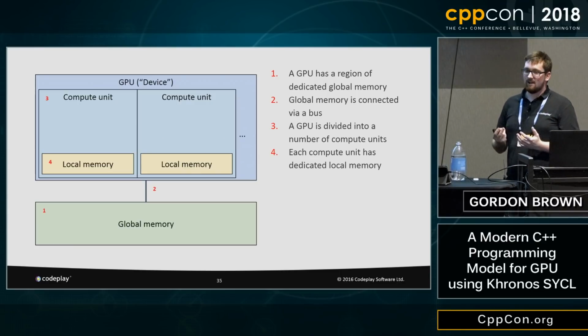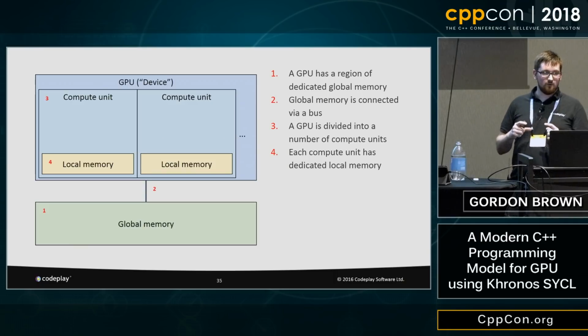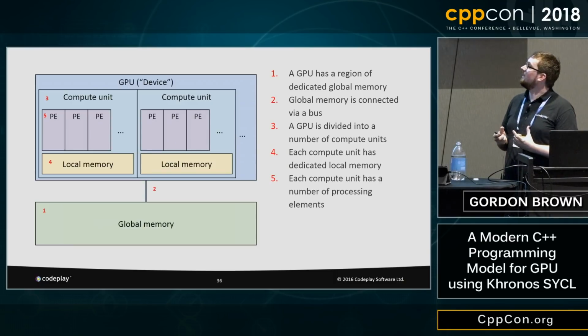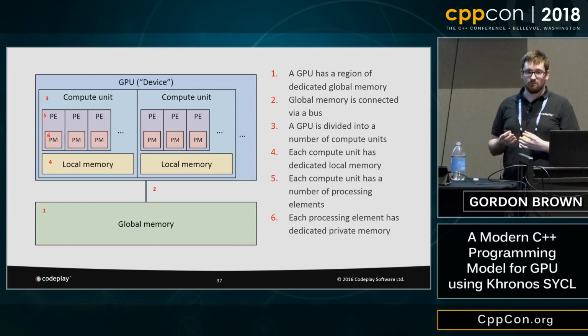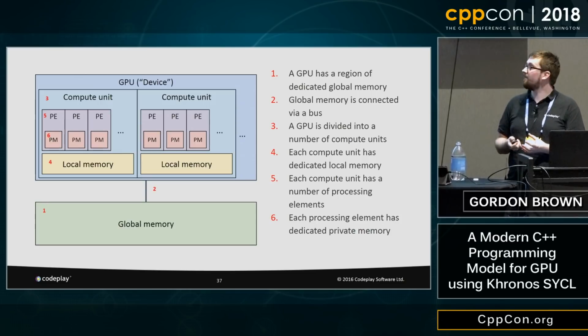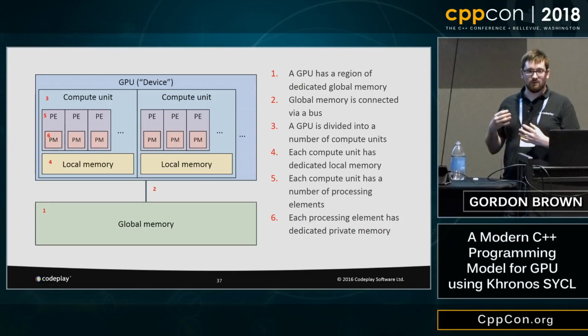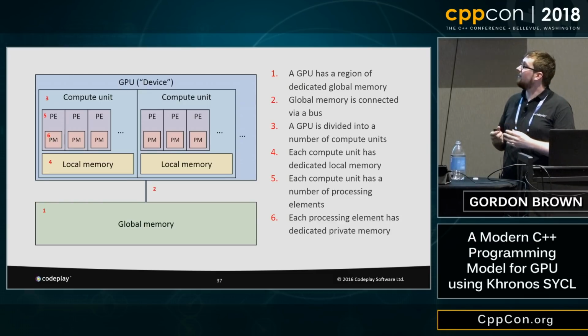Each one of these compute units has a dedicated region of memory called local memory. Inside each compute unit, there's a number of processing elements, and each processing element also has its own dedicated region of private memory. In a moment, I'll go into this in a bit more detail and explain how these different memory regions behave and how the processing elements execute work.